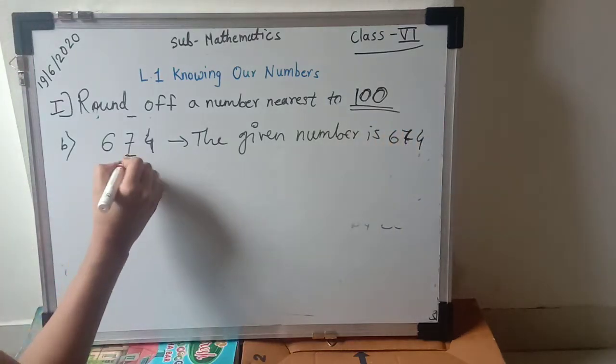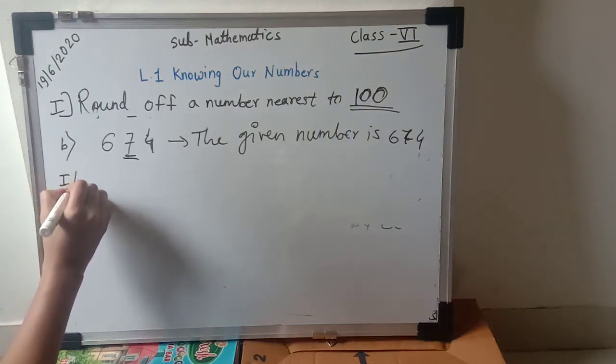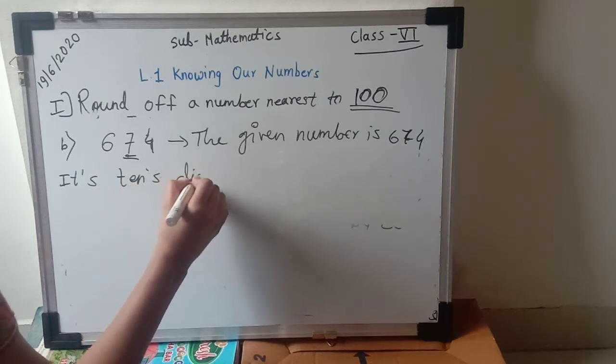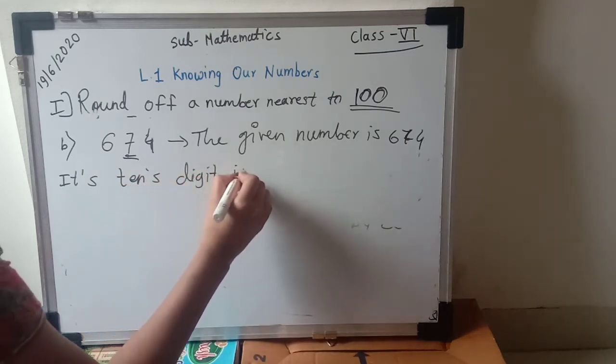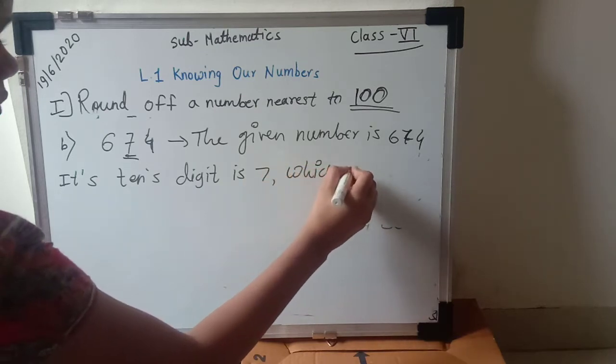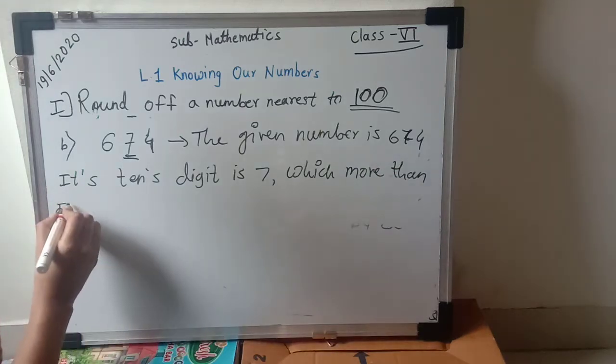Now on the tens place, which number is there? 7. So its tens digit is 7, which is more than 5.